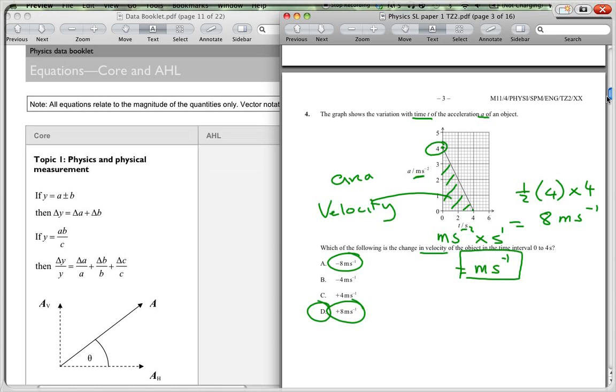So that is going to be D, the correct answer. This area is positive, and therefore it will be a positive velocity. Don't be fooled that the acceleration is decreasing, but still the velocity is increasing all the way until we get to this point, where the velocity stays constant.